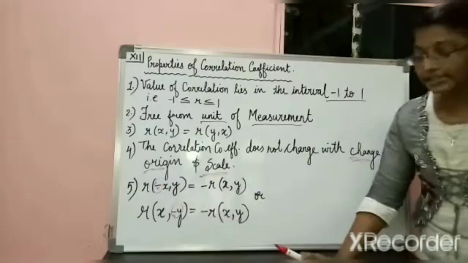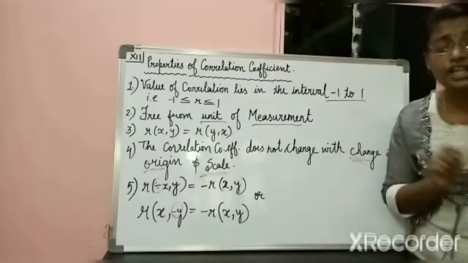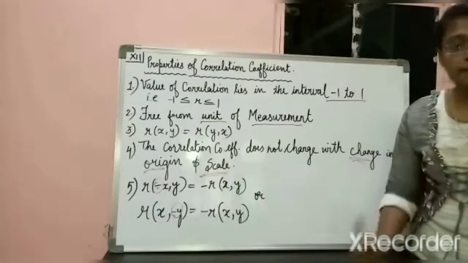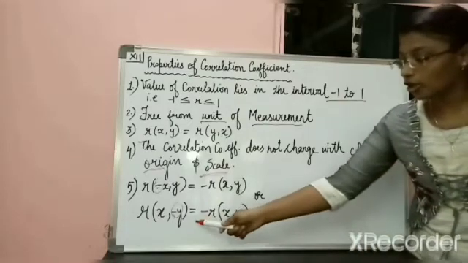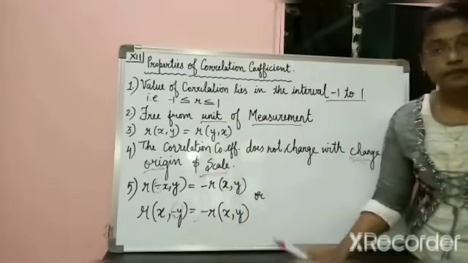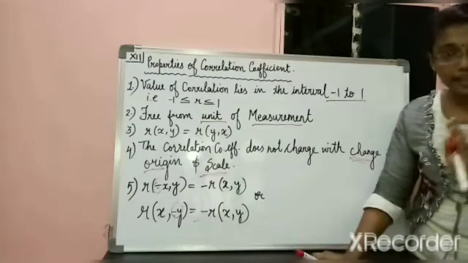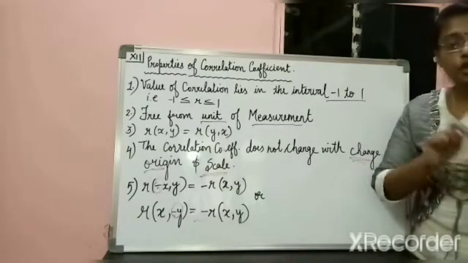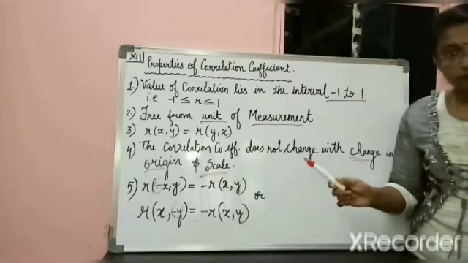Now what it says is that if you change the sign of any of your variables, what would be the effect on your correlation coefficient? There is also a change in the sign of your correlation coefficient. If any of the variables has a negative sign, then it would show a direct effect on your correlation coefficient. So clear?